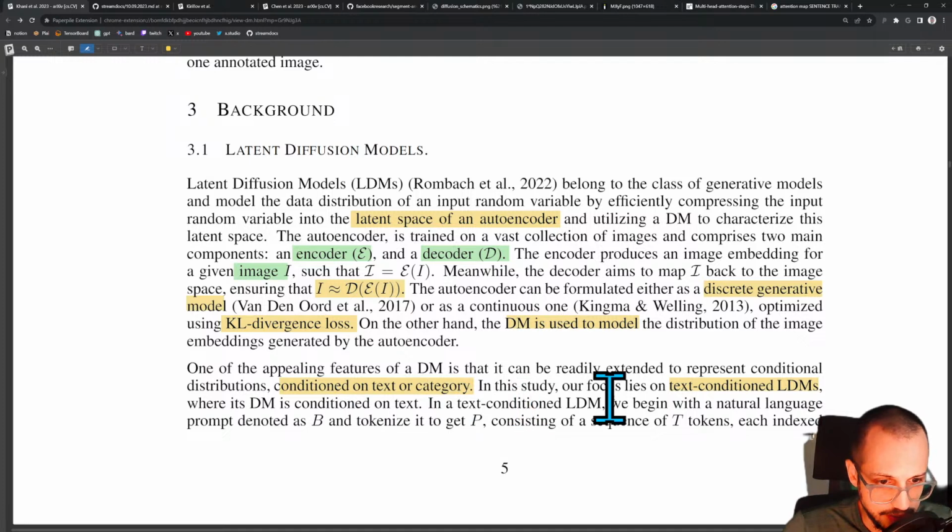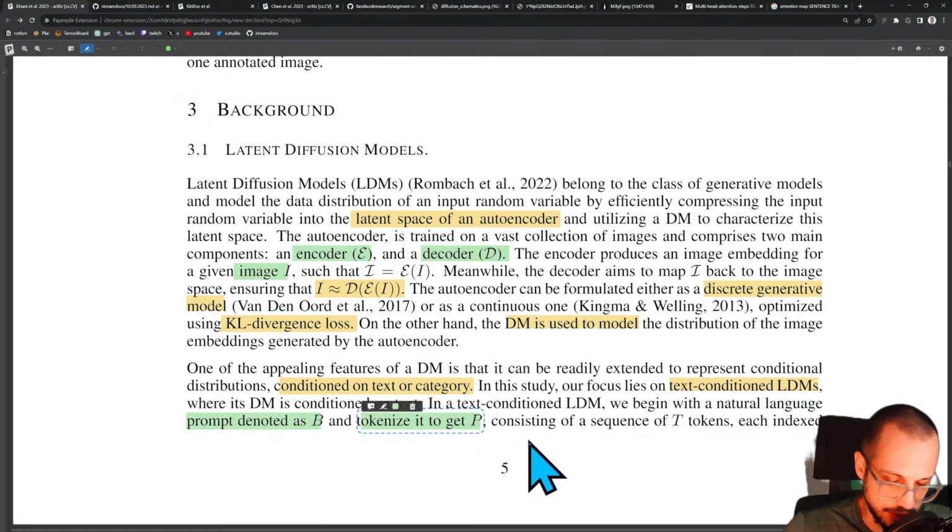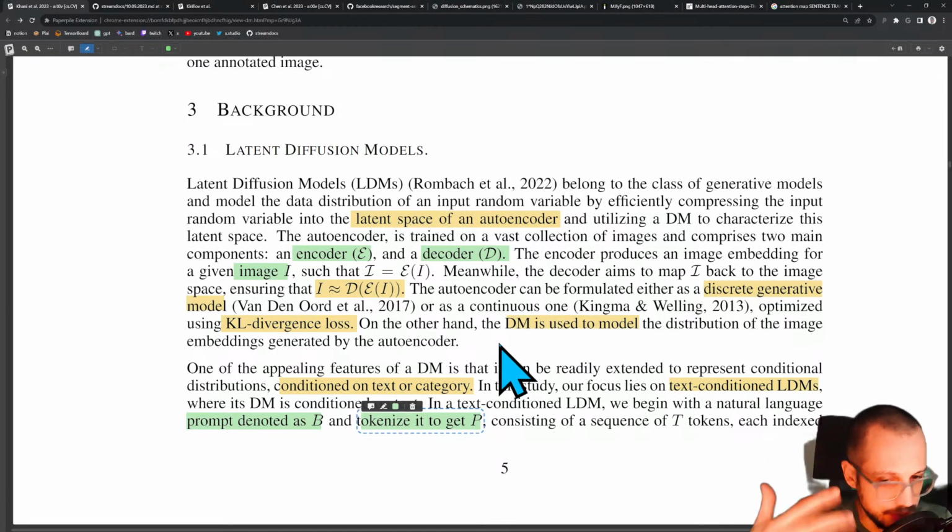In a text-conditioned latent diffusion model, we begin with a natural language prompt denoted as B, so this is the raw prompt. We tokenize it to get P. So tokenizing it, you're just breaking it up into these little chunks that are easier to feed into a transformer model, which really just looks at sequences, right?